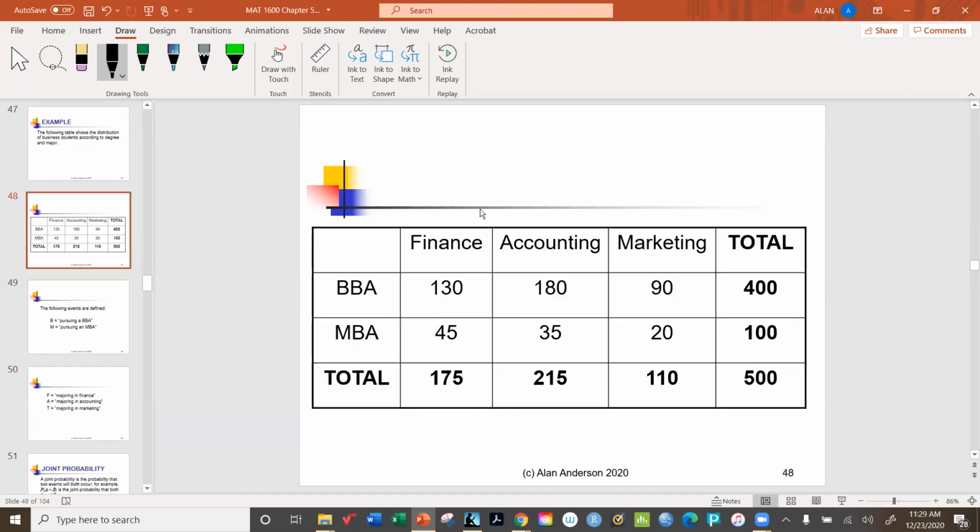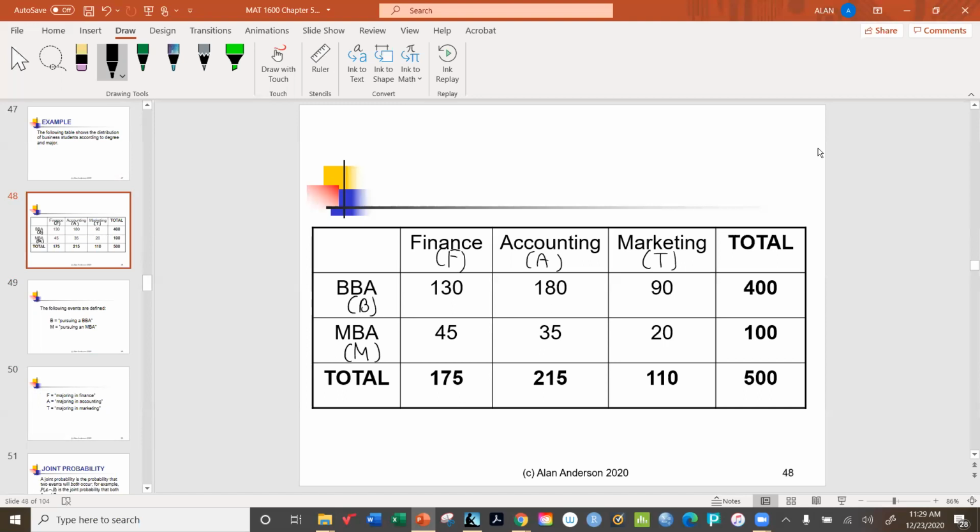We're going to associate letters with these events, just to keep it simple. There's one problem we do have, though. As you can see, there's 2 words that start with M, so we'll randomly assign this one a T. Remember, from now on, T means marketing, A means accounting, F means finance, B means bachelor's degree, and M means MBA. That will make it much easier to express our results.